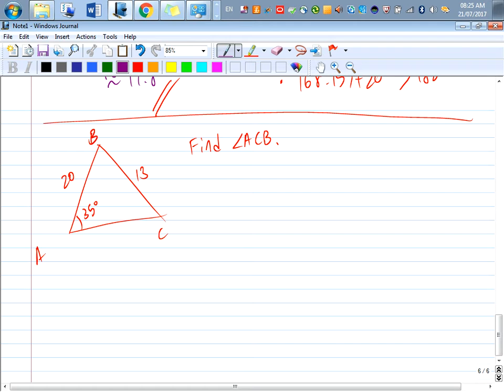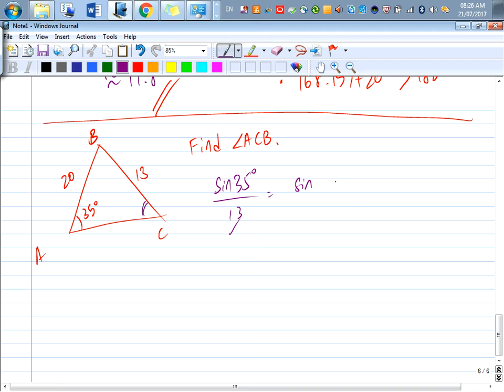Xiaowei, have you written down the equation? What is it? ACB equals to sine what? So far it is correct.